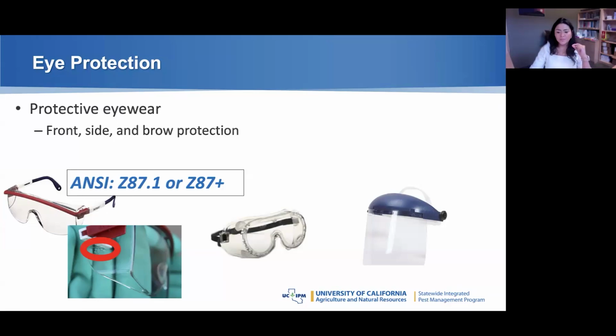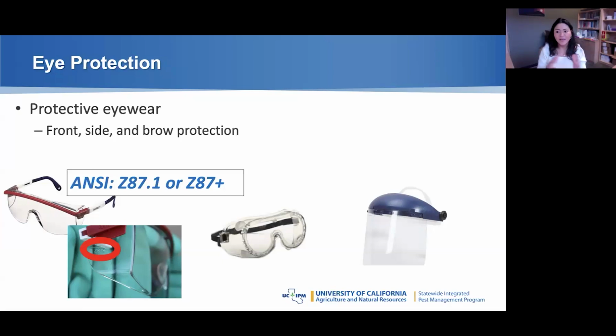The safety glasses are typically these ones that look like regular glasses, but they provide front, side, and brow protection. And you want to make sure that they are Z87.1 or Z87 plus, which is the number that stipulates that they're ANSI compliant.